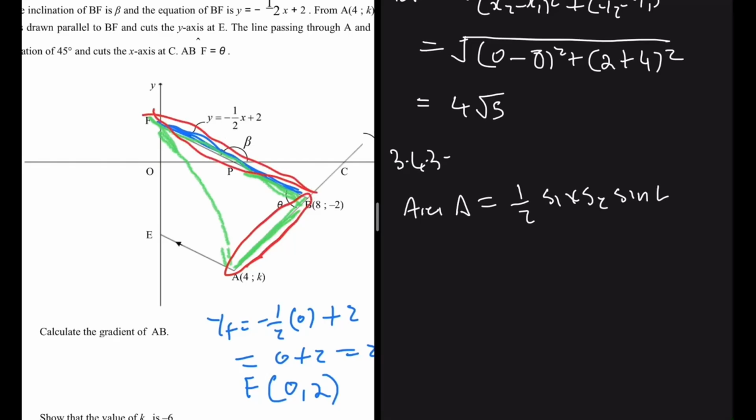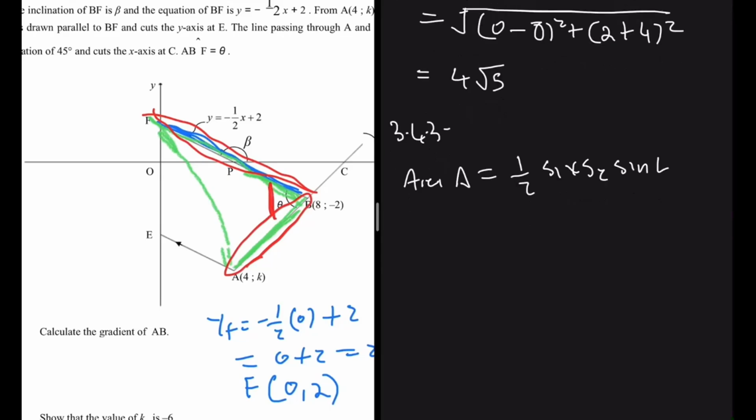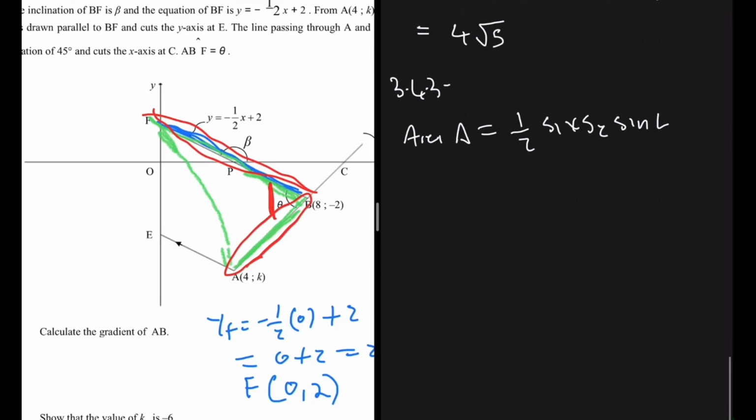If I take those two sides, the angle they'll be sandwiching is theta, right? I already have theta, I already have FB. I just need to find AB and then I will have the area of my triangle. Now FB, we know fully well that FB is equal to 4 square root of 5. Now let's find AB, right? So AB will be equal to the square root of y2 minus y1 squared plus x2 minus x1 squared.